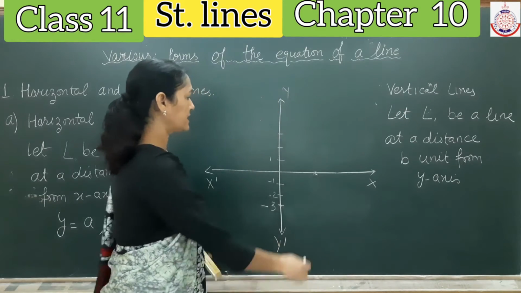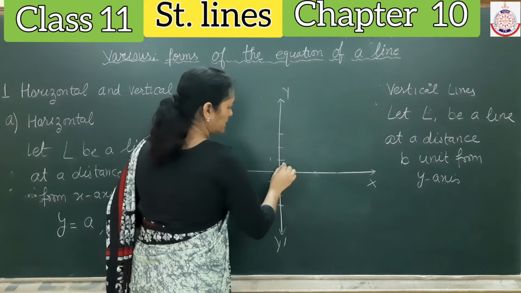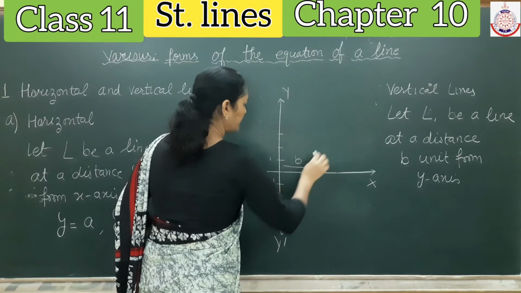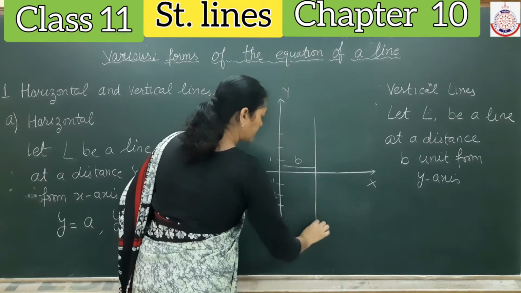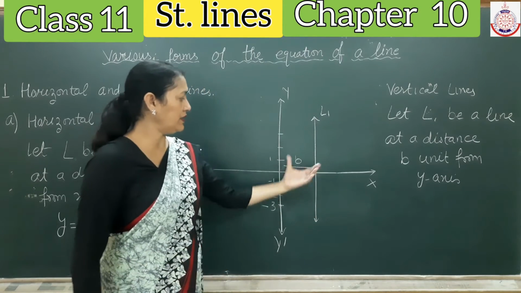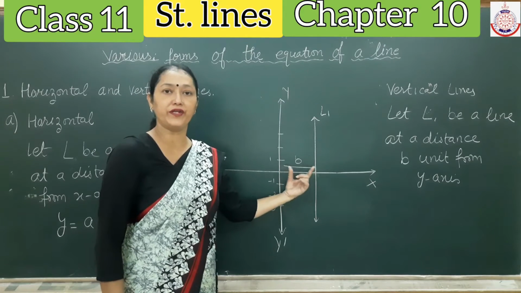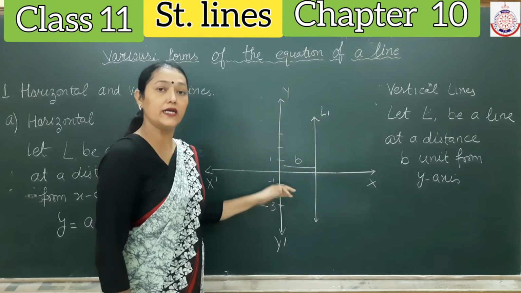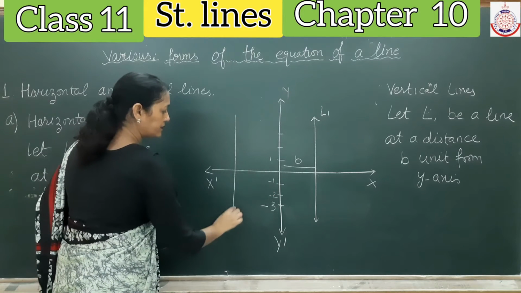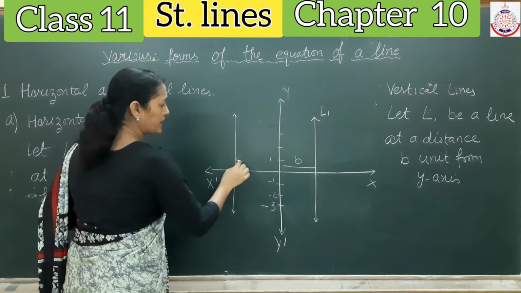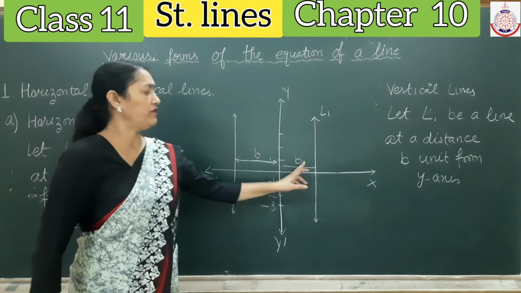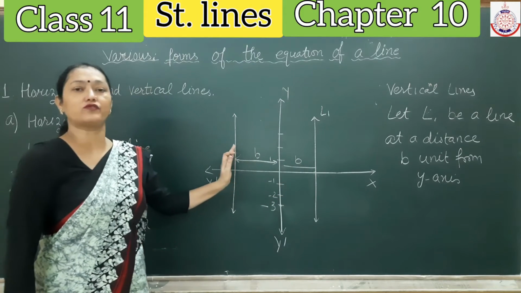In this case, suppose this is B distance, and we can draw a line here. This line L1 is at a distance of B unit from y-axis. Same way we can draw a line here also, which is also at a distance of B from y-axis, but here values will be positive and this side values will be negative.